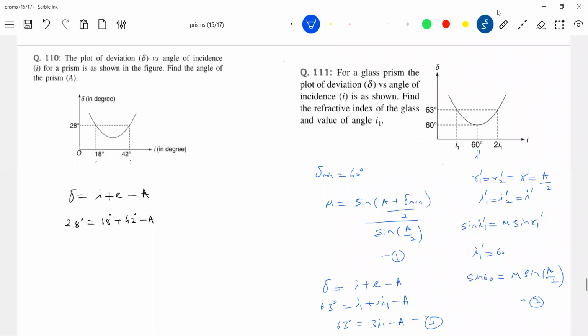Yeah, we can use the same: 60 plus 60 equal to I dash plus I dash minus A. I dash, we can write only this I dash, no?